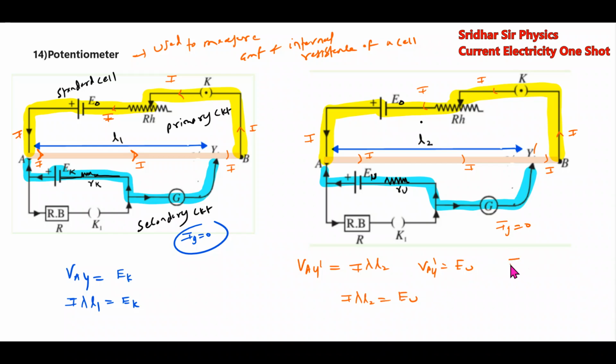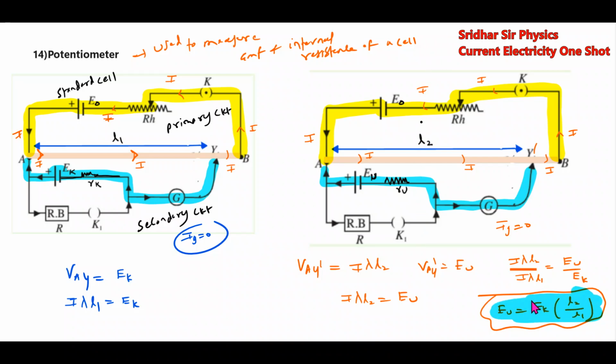So the ratio of this gives EU equal to EK times L2 by L1. Like this, we can calculate the unknown EMF.